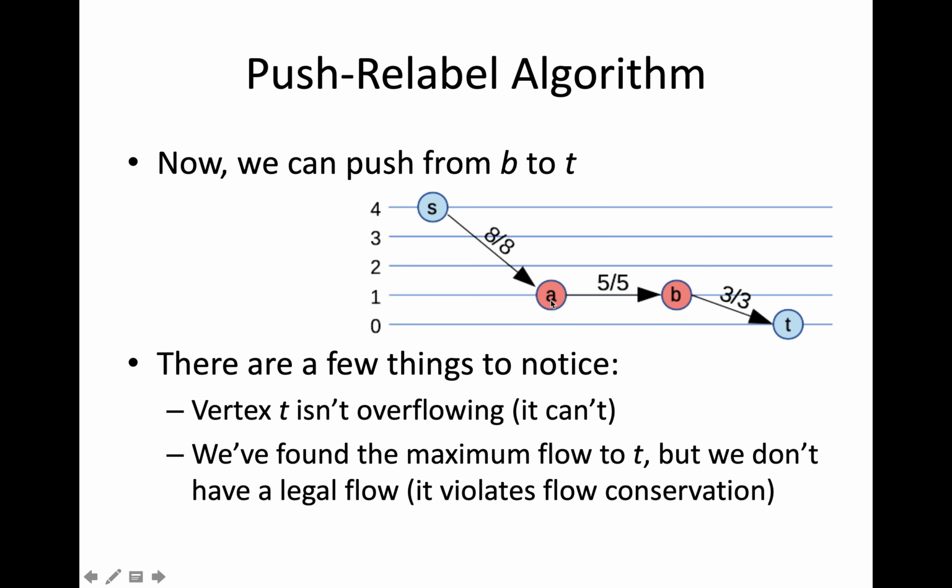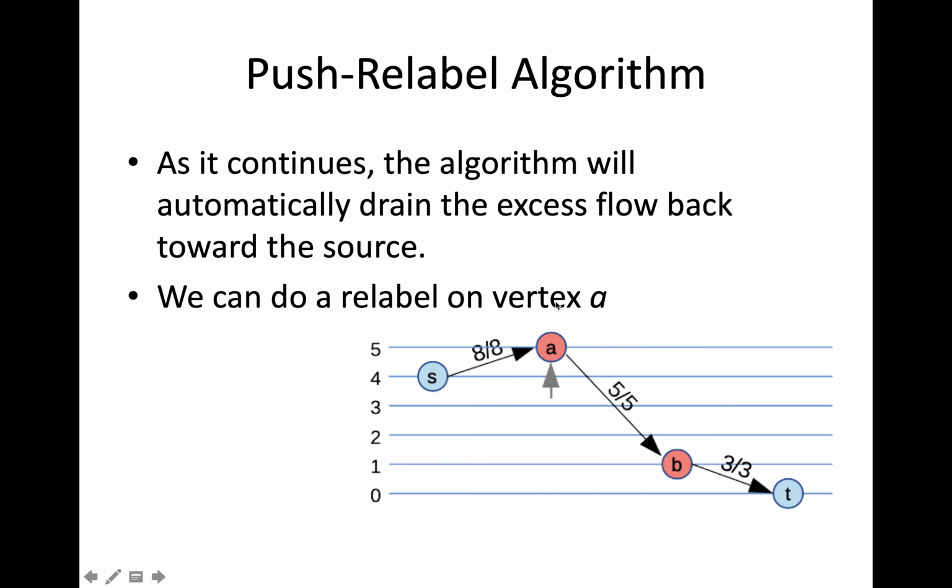Same thing, A is overflowing. I could take back some of the flow from S. I could use the residual edge of weight 8 from A back to S. But I can't do that because of the height rule. So the next thing I can do is a relabel operation.